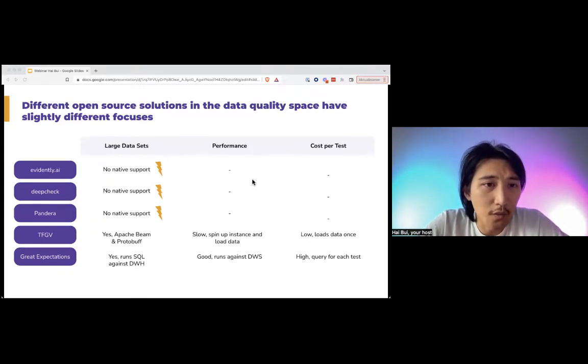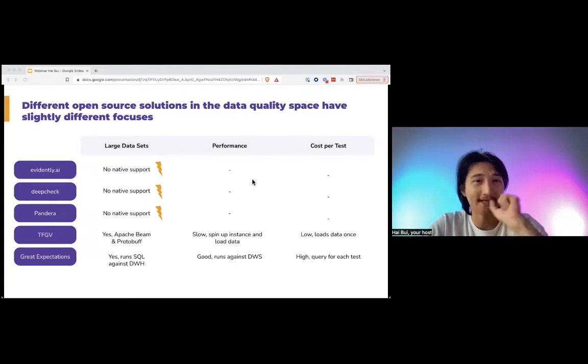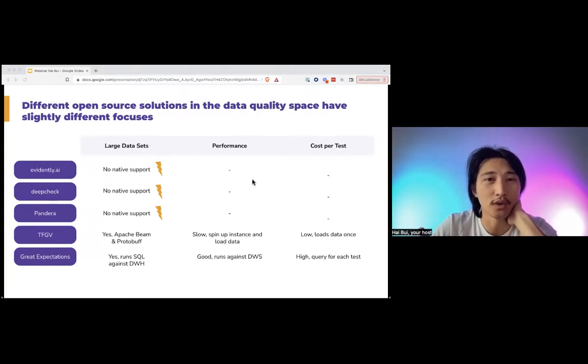The issue with TensorFlow Data Validation is that it's a little bit slow, because you have to spin up an instance, load the data, and turn it into a protobuf. So in the end, for us at least, it took longer to run the data test than it took to execute a data transformation, which is not acceptable.